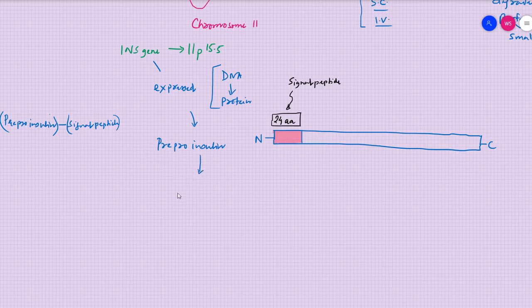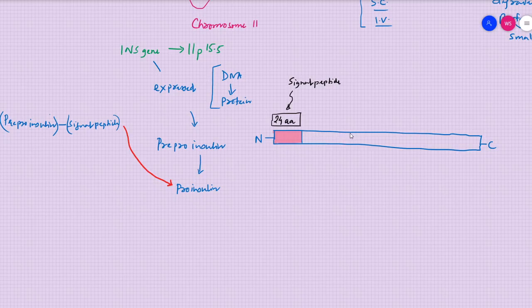We get what is called the proinsulin. Let's draw the other parts of this sequence.